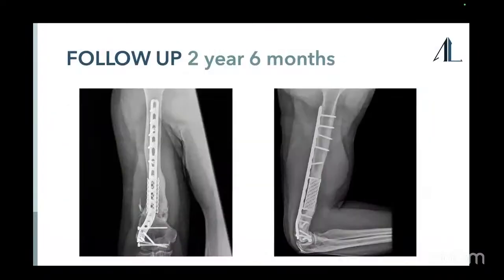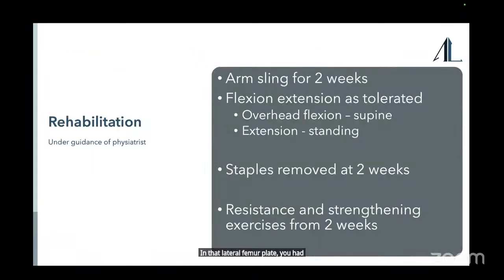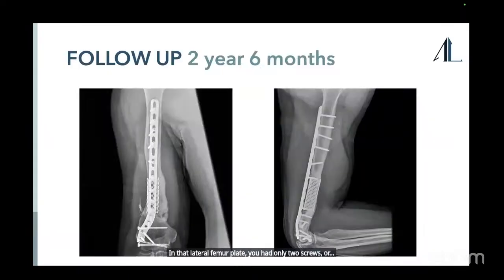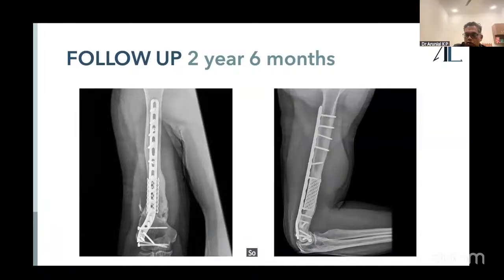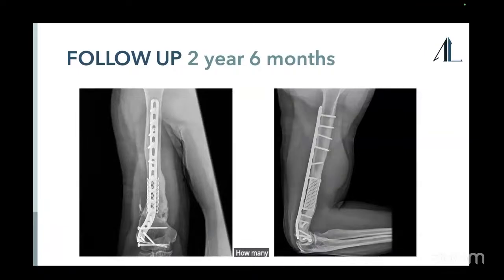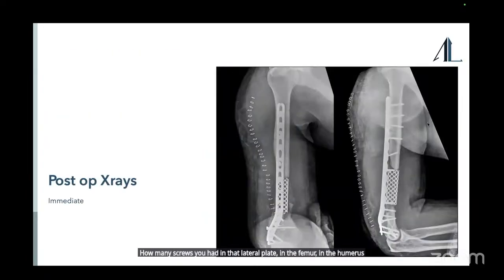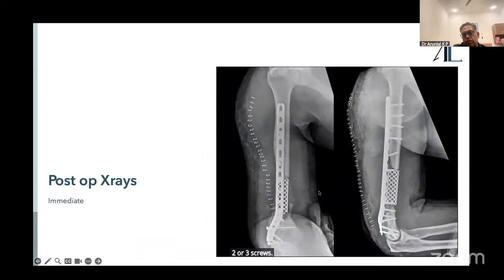In that lateral femur plate, you had only 2 screws? How is the cage stabilized? How many screws did you have in that lateral plate, in the femur, in the humerus plate? Sir, 2 or 3 screws. 3 screws for the intercondylar region, and for the plates, I have added screws later, sir. You can see that on the lateral view.